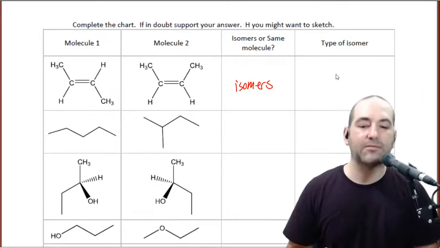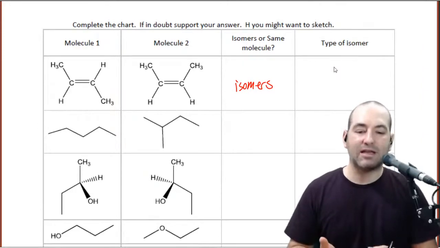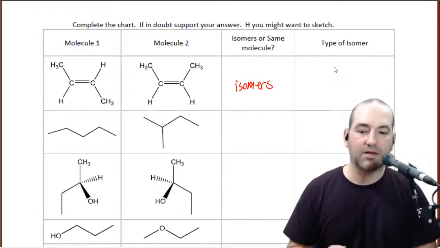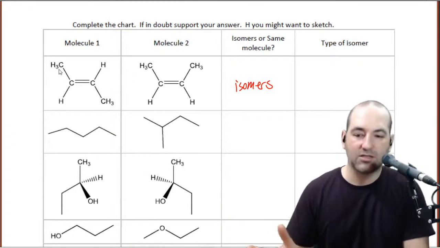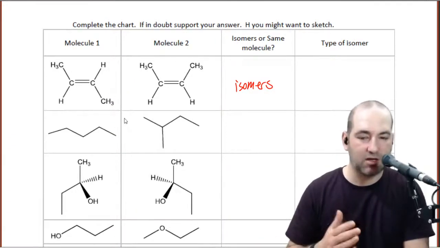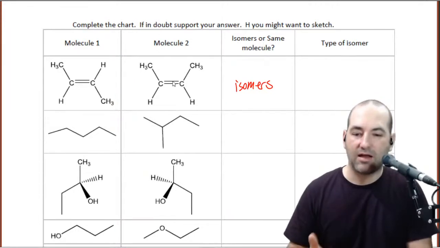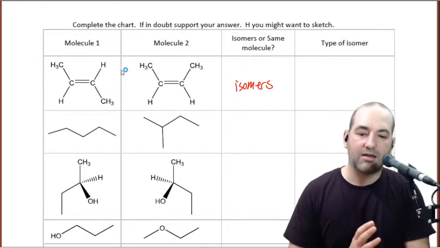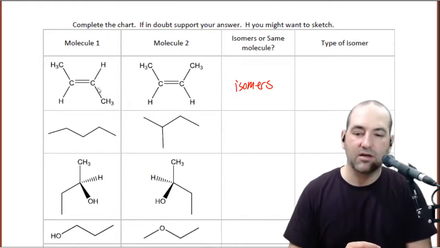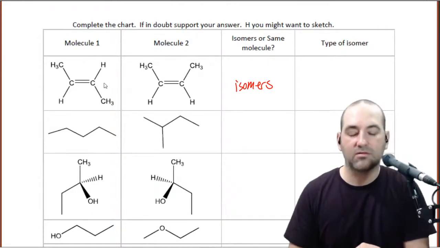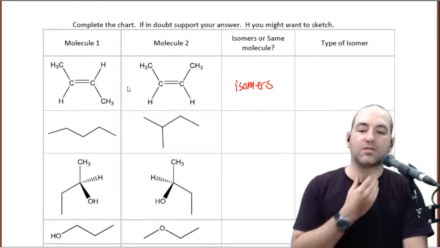But the type of isomer, they're not structural isomers, as we just said, because everything's connected in the same way. It's CH3, CH, CH, CH3, with nothing else branching off. So they're not structural isomers. And they're also not enantiomers because they're not chiral.